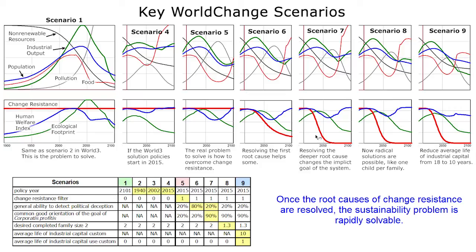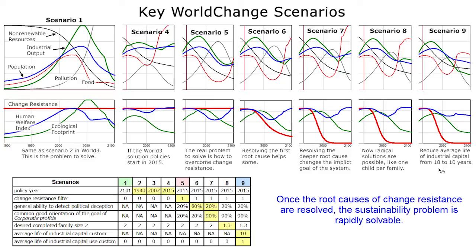Corporations are the world's dominant life form. Now that they're working for the common good instead of against it, solutions that were impossible before are now feasible, like one child per family in Scenario 8, or putting the brakes on industrial production in Scenario 9.